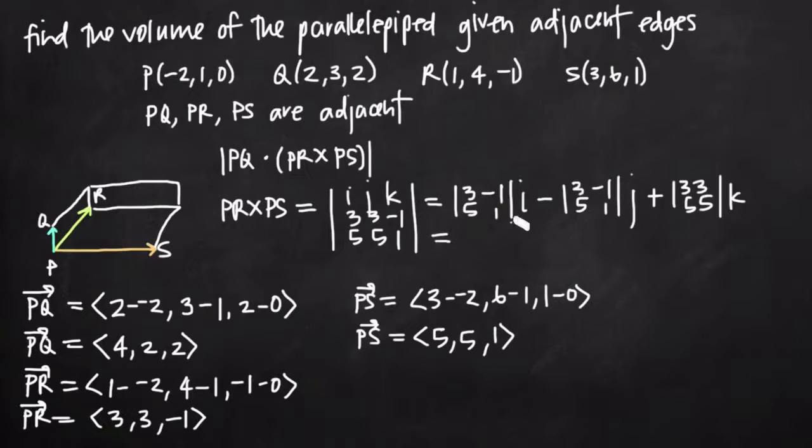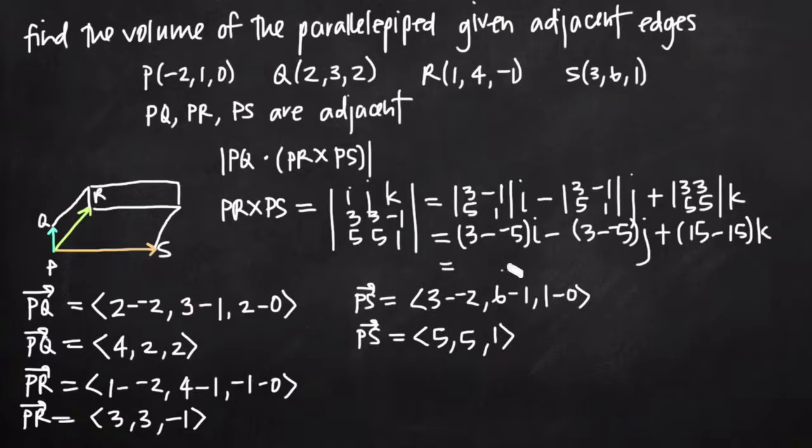Now, at this point, remember that we multiply the upper left-hand corner with the bottom right-hand corner, so 3 times 1 is 3, and then subtract the product of the lower left and upper right-hand corners, so 5 times negative 1 is negative 5. So we get 3 minus negative 5 multiplied by i, minus 3 times 1 is 3, minus 5 times negative 1 is negative 5 times j, and then plus 3 times 5 is 15, minus 3 times 5 is 15, k.